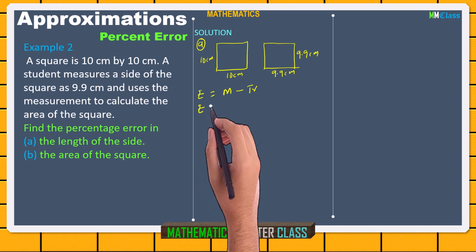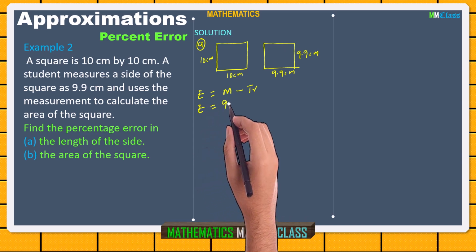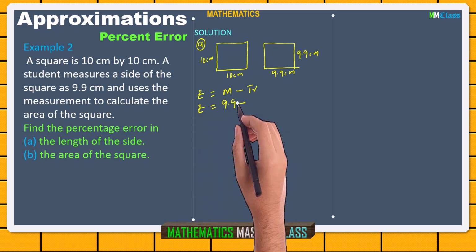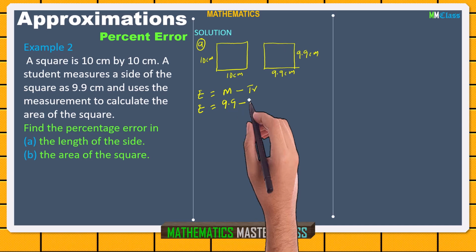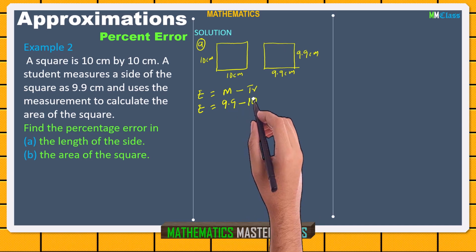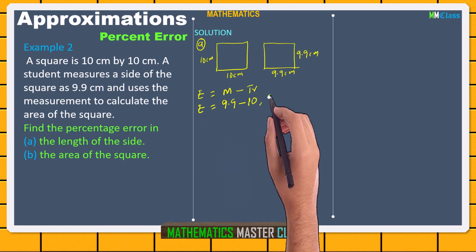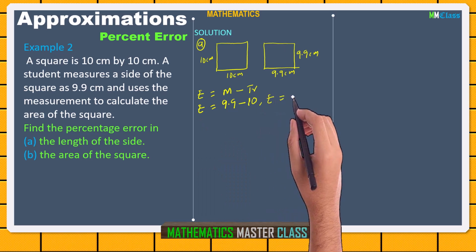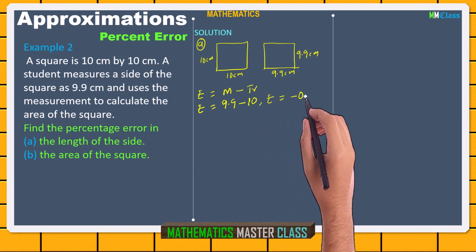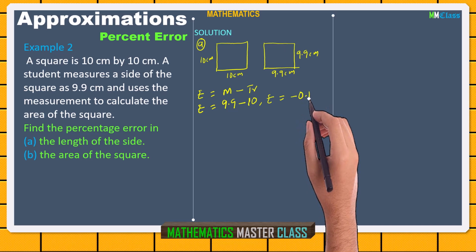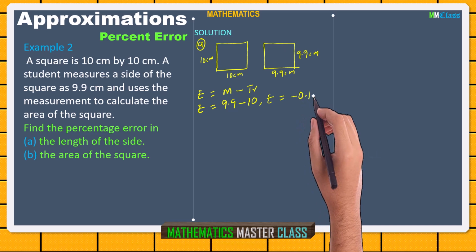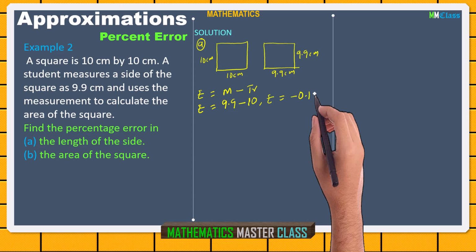So our error will be equal to 9.9 minus the true value, which is 10 centimeters, minus 10. So the error therefore will be minus 0.1 centimeters, as the case may be.